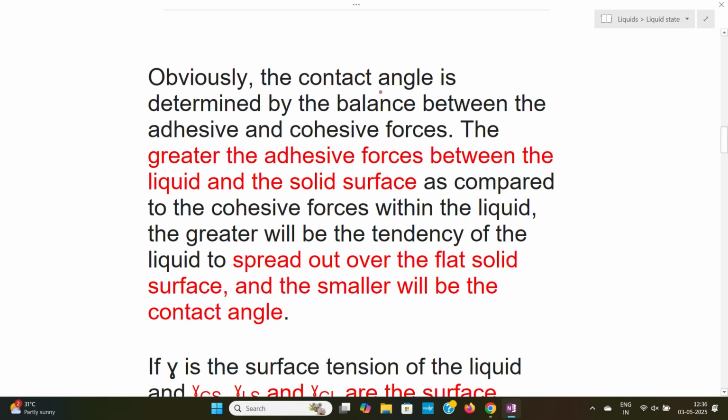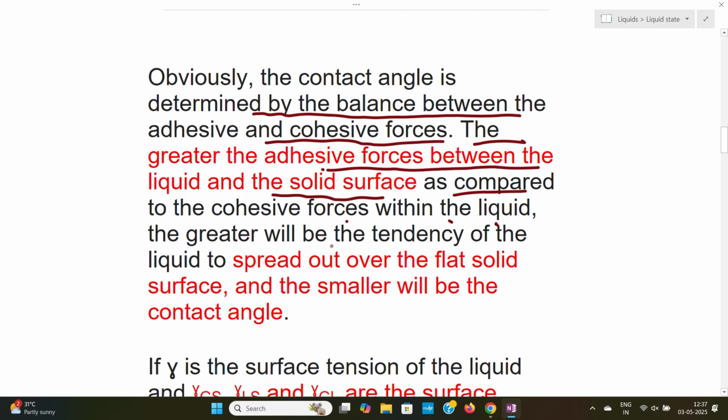The contact angle is determined by the balance between the adhesive and cohesive forces. The greater the adhesive forces between the liquid and the solid surface as compared to the cohesive forces within the liquid, the greater will be the tendency of the liquid to spread out over the flat solid surface, and the smaller will be the contact angle.